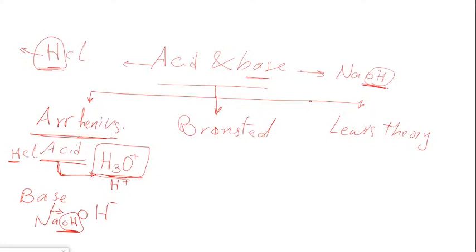The second way of expressing acid and base is according to the Bronsted concept. The Bronsted concept assumes that the acid is the proton donor, which is H plus, and the base is the proton acceptor.